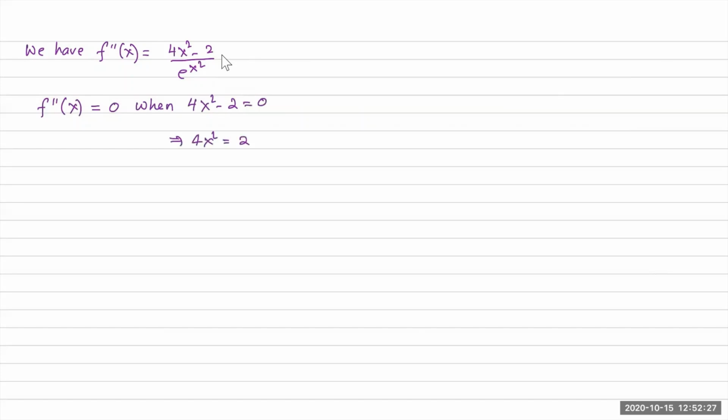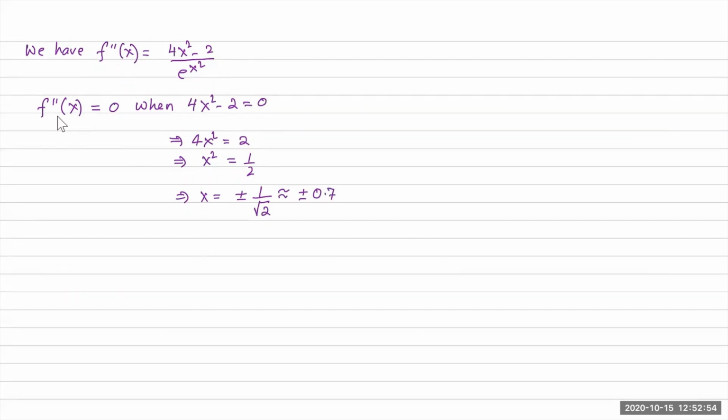Add 2 on both sides. Divide on both sides by 4, you get a half. Then you'll get x equal to, if you take the square root, plus or minus 1 over square root of 2. Square root of 2 is approximately 0.7. So as a decimal value, it is approximately plus or minus 0.7.